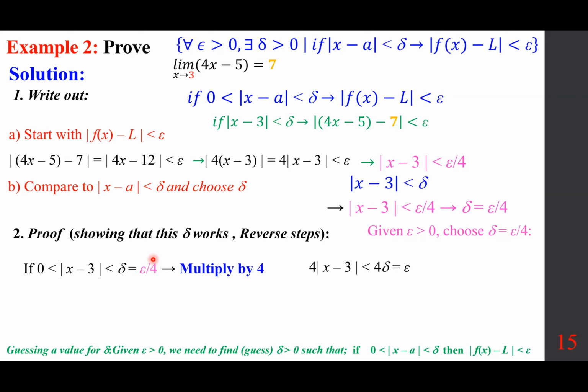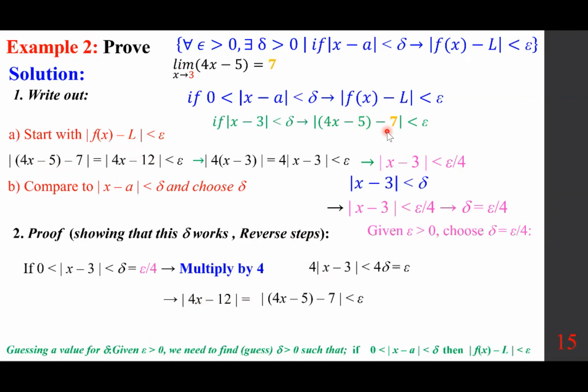Let's put the 4 in and we get 4x minus 12. So it becomes this. And then we rewrite it like this because we want to bring it back to that format. So when you put the 4 in, and this because we want to make it look like f of x minus L. And that is the proof.